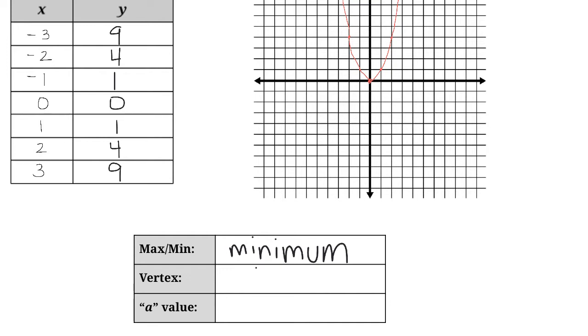The vertex is located at the point (0, 0), and our a value is 1. There is no other value in front of the equation. It's just simply y = x². And our a value also happens to be a +1. And because it is a positive, that is what gives us a parabola that opens upwards.